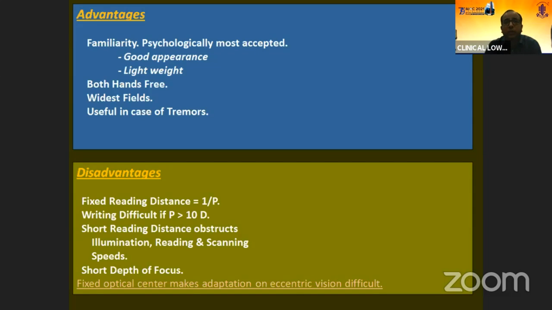They are also useful in cases of tremors. But because of the limited working distance, there is obstruction in reading speeds as well as in illumination. And because of the uncomfortable posture, this leads to fatigue if they are used for longer periods. They are also not good for patients with eccentric fixation.